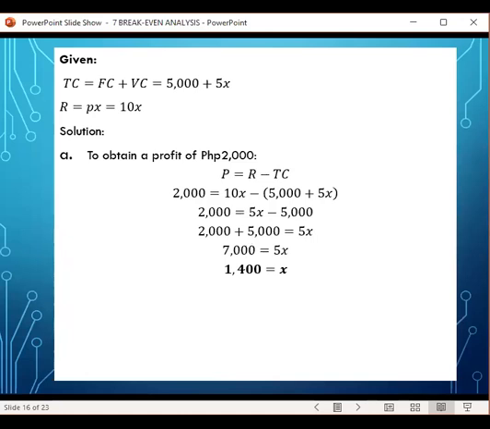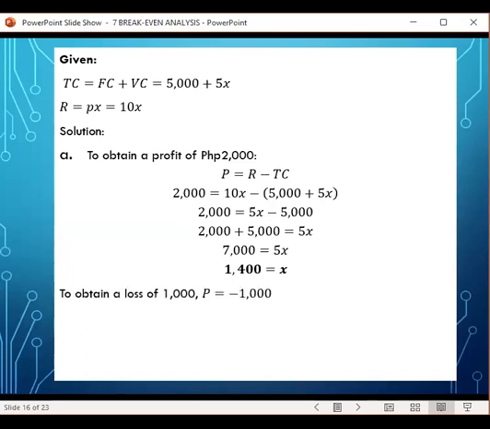That is the x. So again, that is 7,000 divided by 5. You get 1,400. So meaning, for you to obtain a 2,000 pesos profit, you need to sell 1,400 pads of paper.